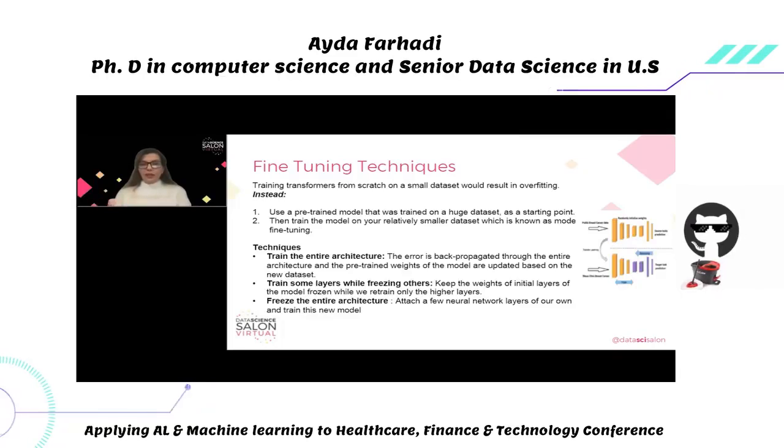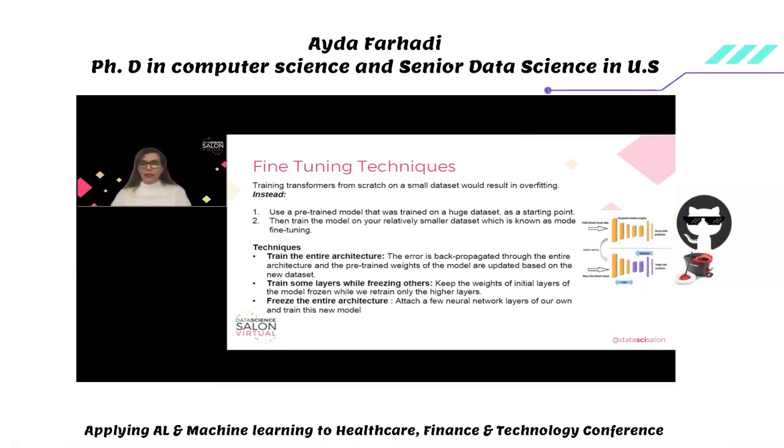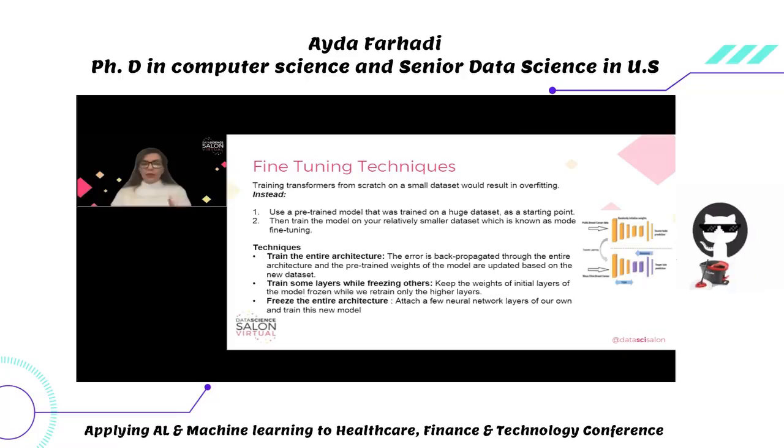So you can keep the weights of the initial layers frozen while retraining the higher layers in order to make sure that you get customized with the target data. And you can freeze the entire architecture and attach some layers at the top. So that could be the other form of the fine-tuning techniques, which can be utilized when we are trying to implement the transfer learning techniques.